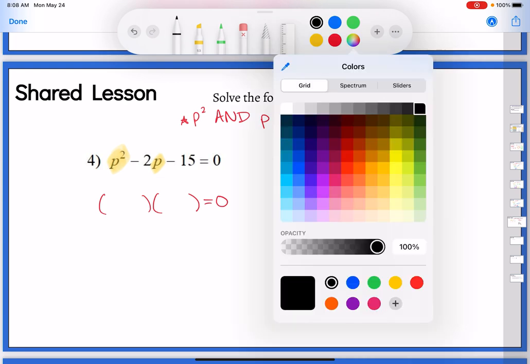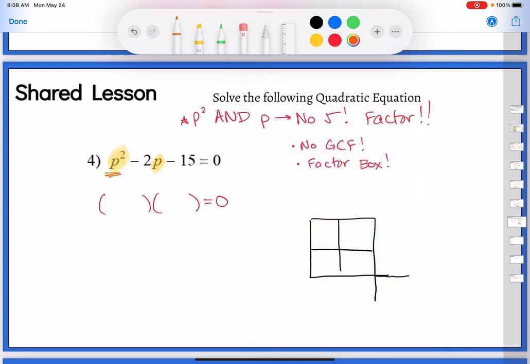Then my first term, p squared, goes above the first column. My last term, negative 15, goes above the second column because I need to find factors of those. My middle term, negative 2p, is going to go down in the nook because after I find my factors, I need to make sure that once I multiply, they add up to negative 2p.